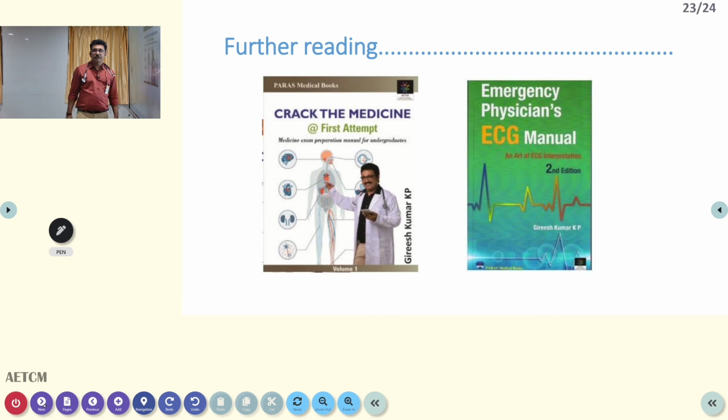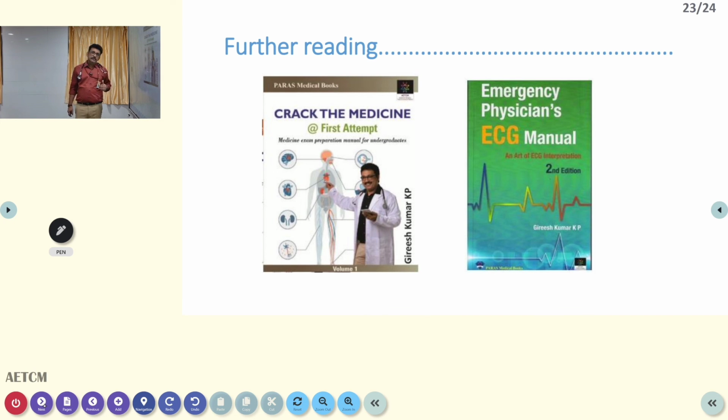Now we have discussed one of the important problems in the emergency room, that is atrial fibrillation. The problem with atrial fibrillation is that only if the heart rate is very high should we interfere in the emergency room. That is because the fast ventricular rate can produce all the symptoms of atrial fibrillation.